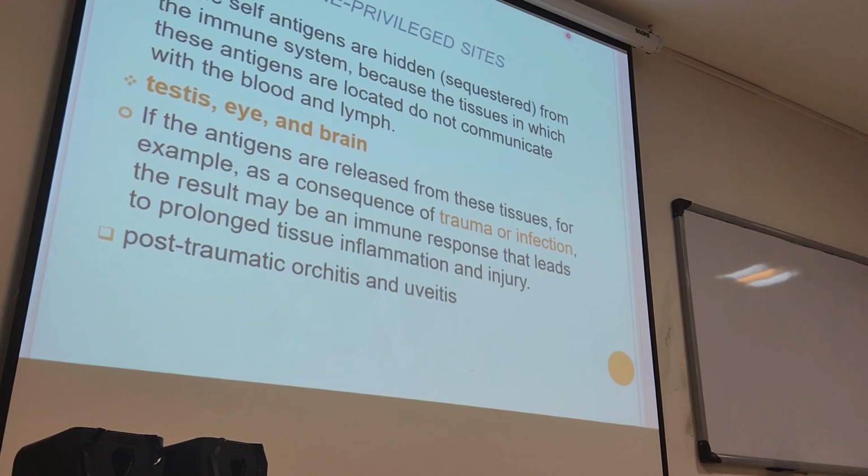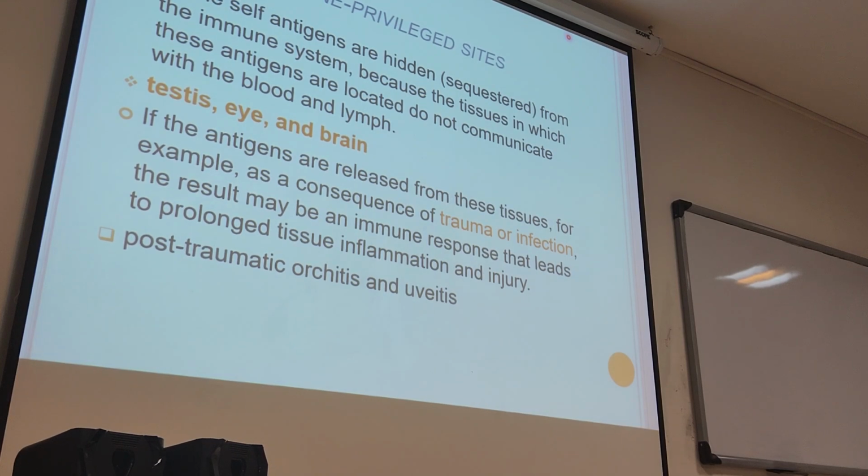After, for example, an infection or trauma, we may have introduction of the antigens of these organs to the immune system, and we will have inflammation of these organs, for example post-traumatic orchitis or uveitis. Did you understand?